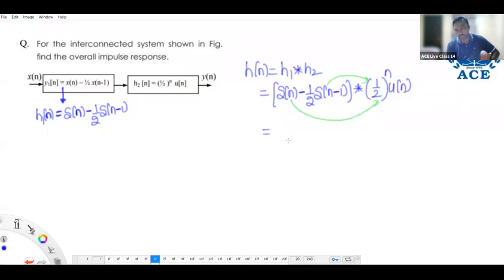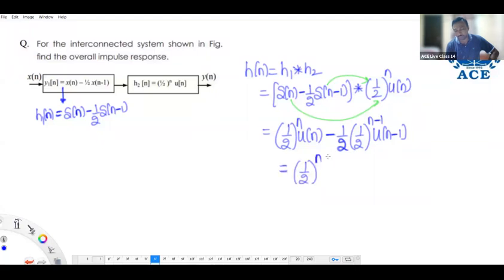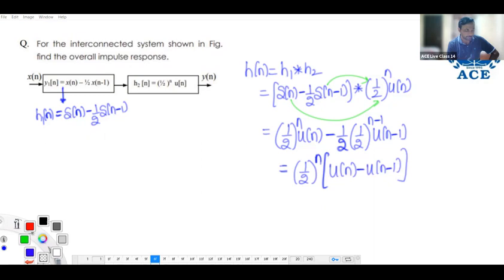Signal convolved by del n means same signal, 1 by 2 whole power n u of n, minus 1 by 2 times signal convolved by del of n minus 1 means shifted. Here 1 by 2 whole inverse is 2, 1 by 2 cancellation, such that the common multiplier is 1 by 2 whole power n times u of n minus u of n minus 1.